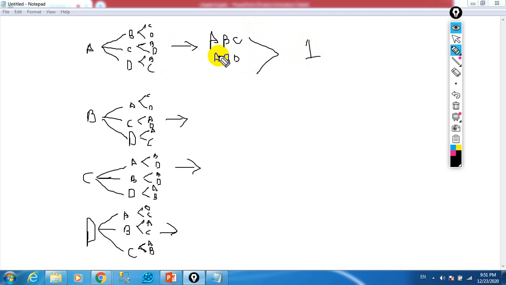So here I have taken this complete group as one sample point. This will also be considered as one sample point. If I take BAC also, it is the same.